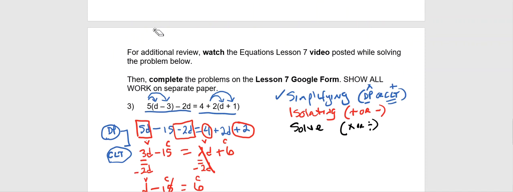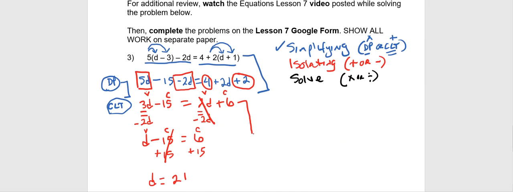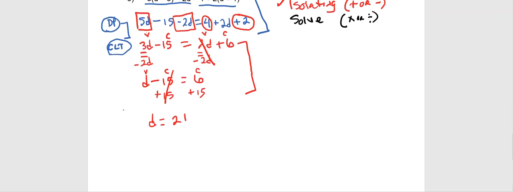All of this was step 1, by distributing, combining like terms. All of this was step 2, right there, isolating the variable. And when we get to the bottom, we already have 1d, so there is no solving to do. There's no coefficient that we have to undo by dividing. So we're all done here. So our final solution should be d equals 21.